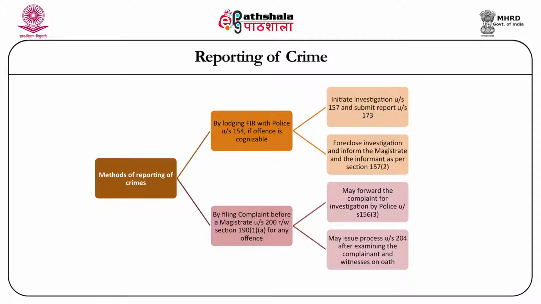The police officer may also foreclose the investigation under 157 of the code, whereas filing of a complaint under section 190 before the magistrate leads to further investigation under 156(3), which will be ordered by the magistrate to the police, or the magistrate may issue process under section 204 if he is satisfied that a prima facie case is made out in the complaint. We will discuss these issues in detail in the latter half of this discussion.